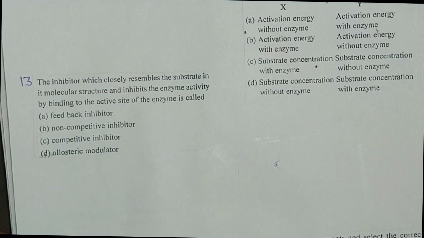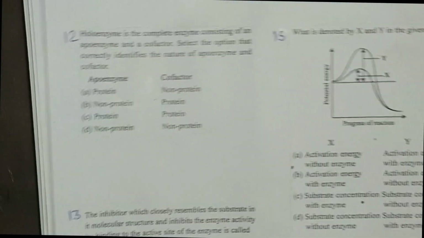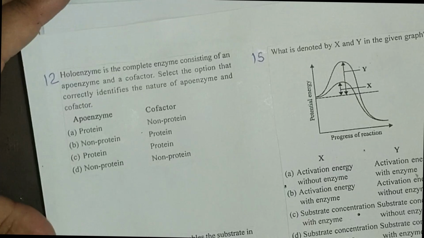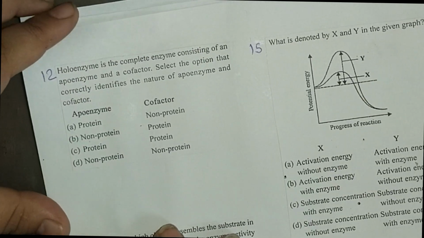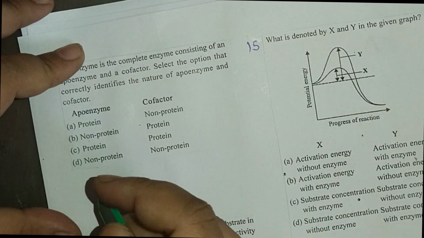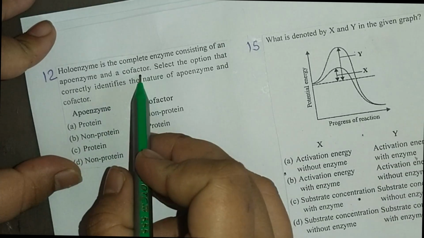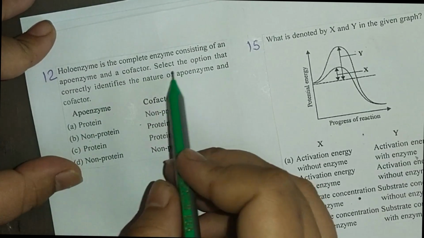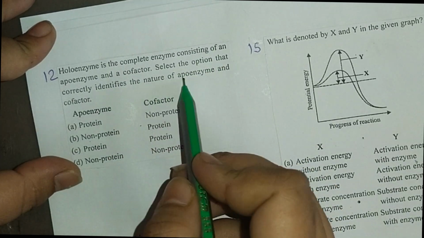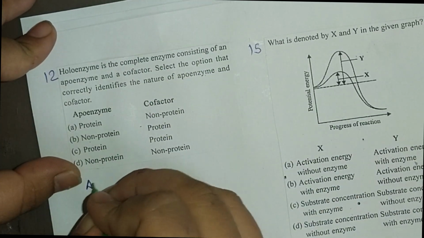Moving on to the next question. Whole enzyme is a complete enzyme, consisting of an apoenzyme and cofactor. Up till now this is correct. Select the option which correctly identifies the nature of the apoenzyme.